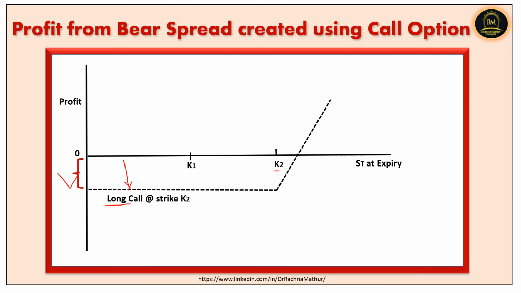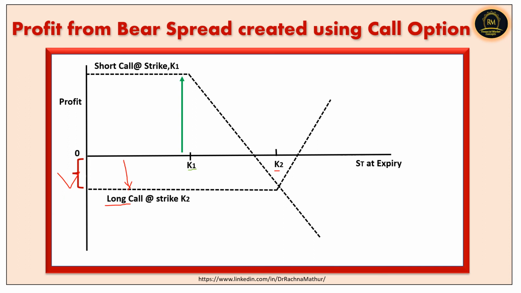Now, in order to minimize your loss, you take another position, that is a short call. You short a call at a lower strike of K1. That means if the market goes down, your long call will expire worthless, giving you a limited loss equal to the option price, but your short call will earn for you. The short call will give you a limited profit.